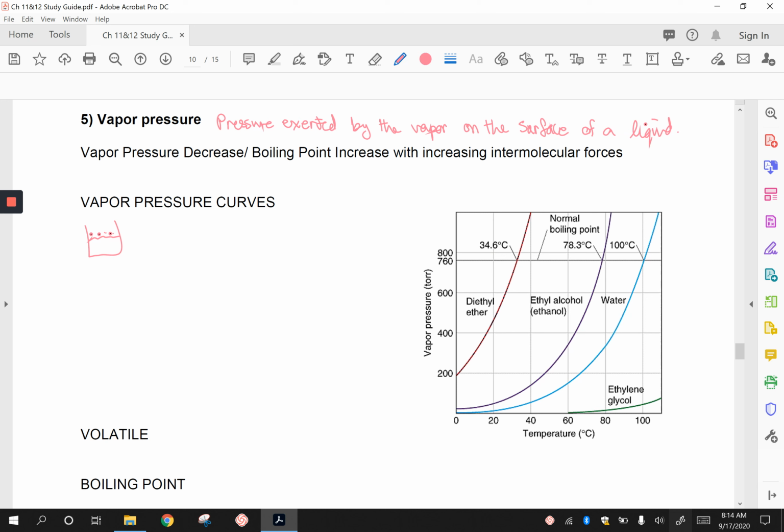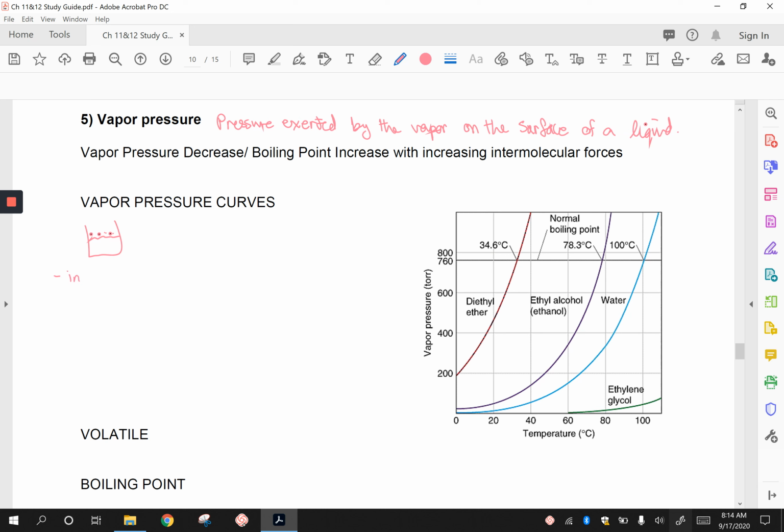So we have these vapor pressure curves where we graph vapor pressure versus temperature. The vapor pressure curves basically help us look at the vapor pressure at different temperatures. And as you can see, as the temperature increases, the vapor pressure is increasing as well.